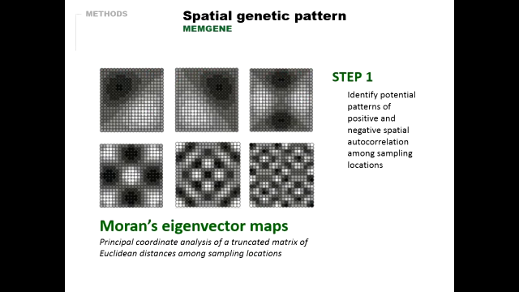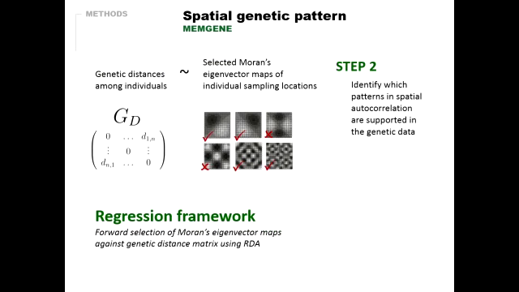So how do we use this MEMGENE tool that we developed to capture and describe spatial genetic pattern? It uses Moran's eigenvector maps, which pull out a series of orthogonal descriptors of potential patterns in spatial autocorrelation. Imagine you have n points, then you have n-1 possible ways that those points could covary together. You generate these hypotheses, if you will, and then you mine those hypotheses out of the genetic distance matrix.